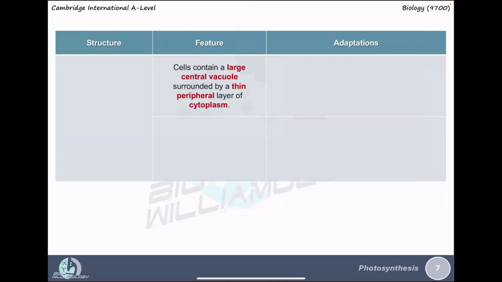Next, the cells contain a large central vacuole surrounded by a thin peripheral layer of the cytoplasm. Because of this, the large centrally located vacuole pushes the cytoplasm near to the cell wall. Therefore, chloroplasts are located near to the cell wall.